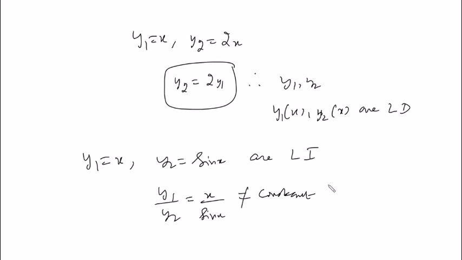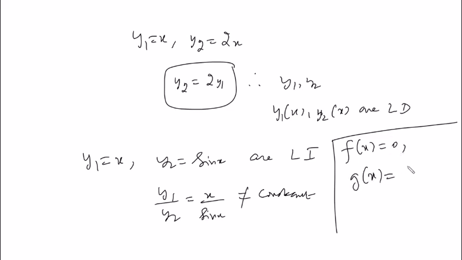Okay. And one question which I ask you: suppose one of the functions is 0, and another function is anything. I'm not giving you the function. It can be non-zero, something, any function of x. Now, will f and g be LD or LI?